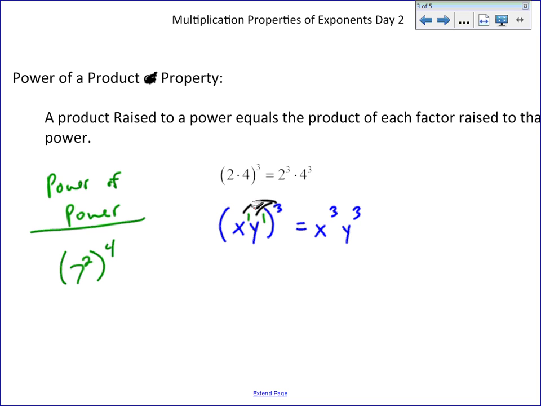So we're still actually multiplying these exponents. You're still getting 3 times 1 and get 3, 3 times 1 and get 3. Here we would take 4 times 2 to get 7 to the 8. So our new rule says we're going to have multiple numbers within this parentheses, and each number, that exponent will distribute to each one of them.